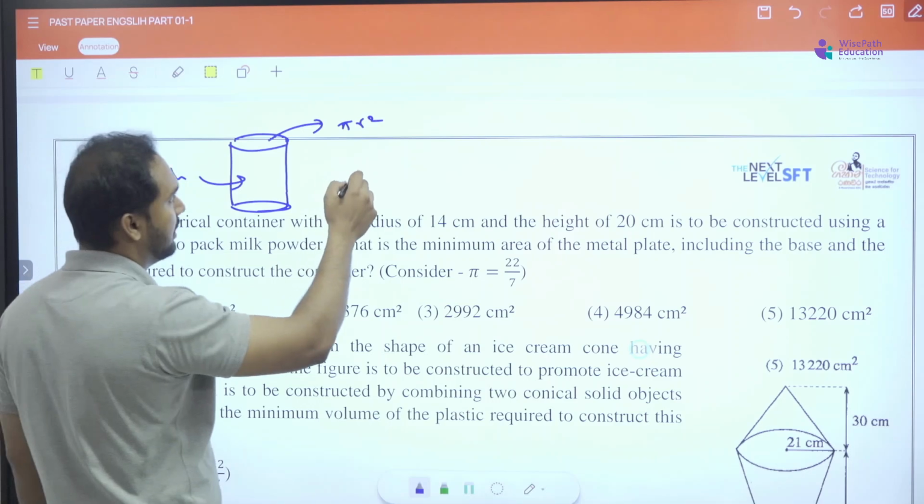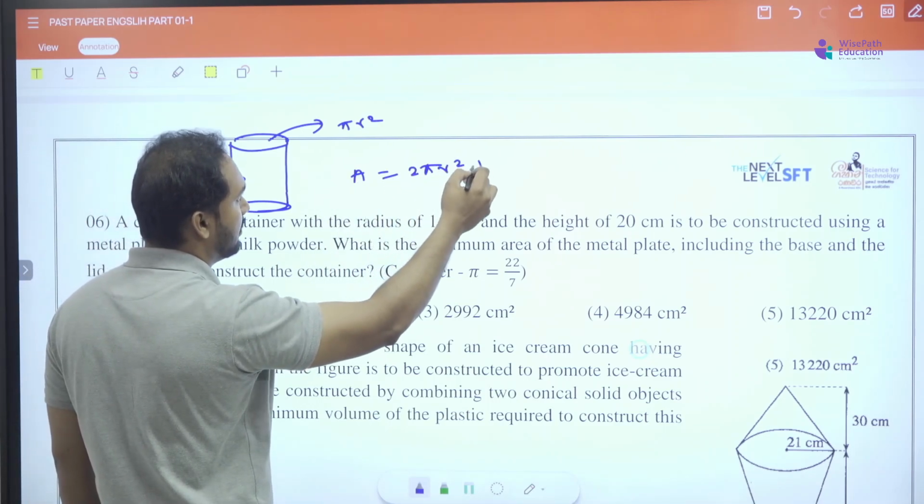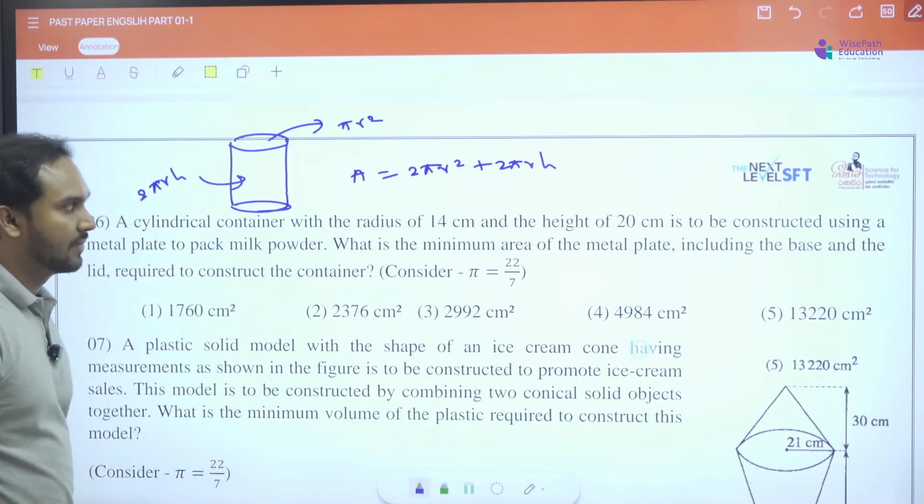So altogether the area is equal to 2πr squared plus 2πrh.